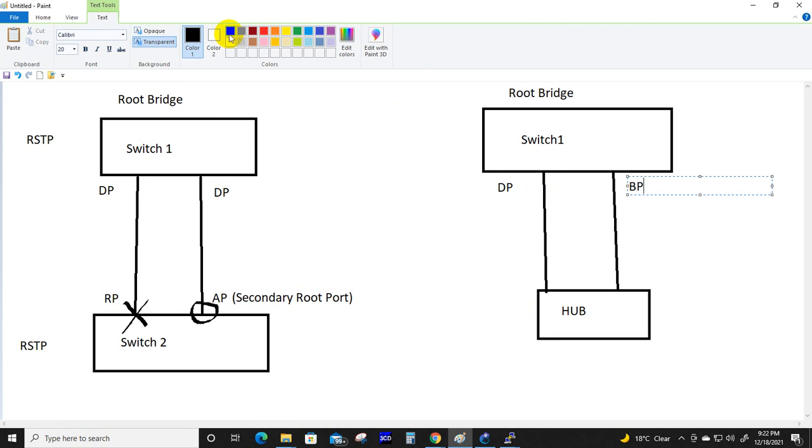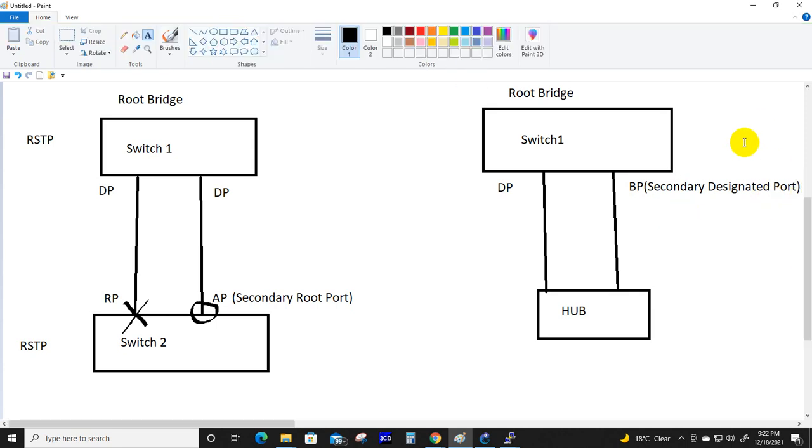It is the secondary designated port. Okay? Any doubt up to this point? No, sir. Very good.